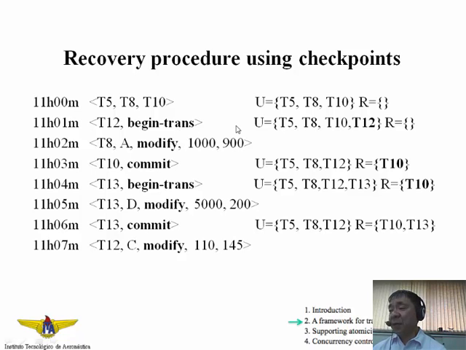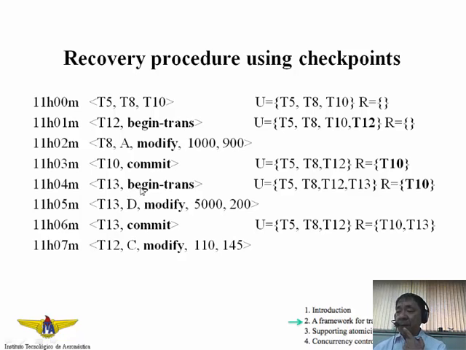When you find a new begin transaction, you add this transaction into the undo set. When a transaction commits, for instance, transaction 10, you move the transaction from the undo set to the redo set.